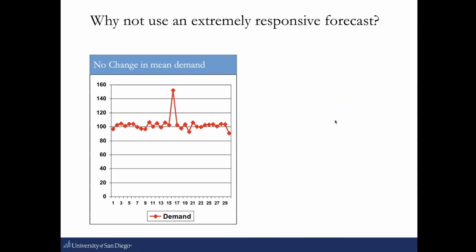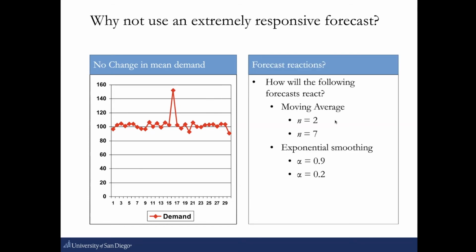Not necessarily. So say we look at this demand plot here. We have a spike. So this is a spurious spike, or perhaps a spike that happens for some reason that is unexpected. And what happens here is that if you have a very responsive forecasting model, then you're going to get estimates that are not reflective of the stable demand.